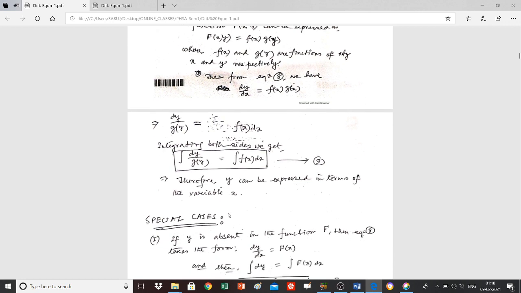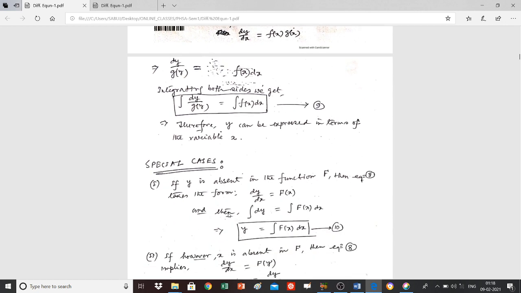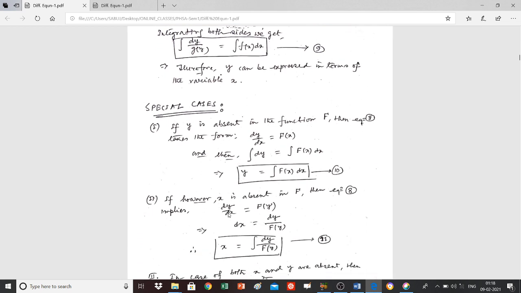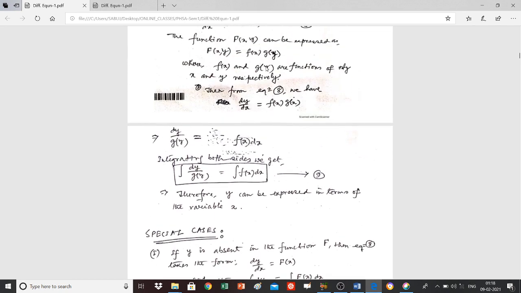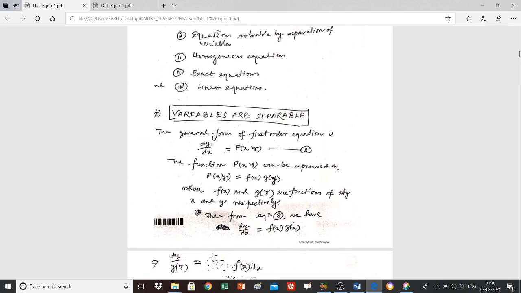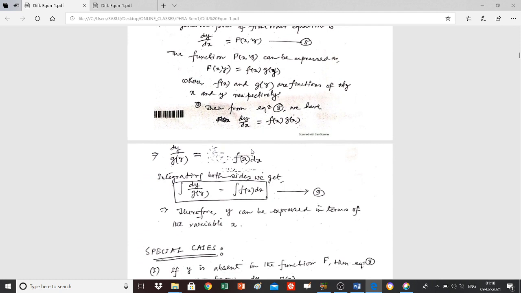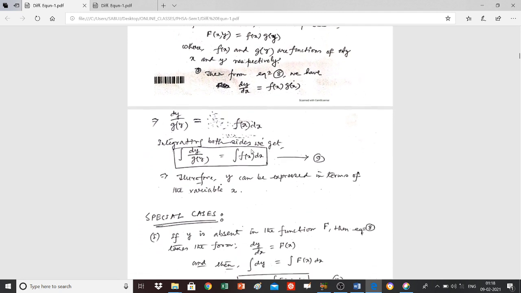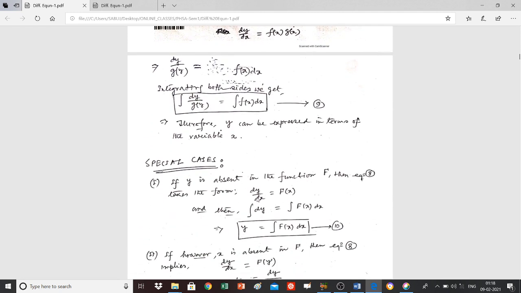But in this case, some special cases are to be noted. Number one is if y is absent in this equation, that is, in the given equation dy/dx is equal to f(x,y), the function y is not present. So in that case you can write dy/dx is equal to f(x), that is, it is exclusively a function of x.